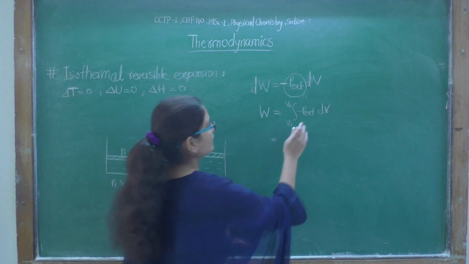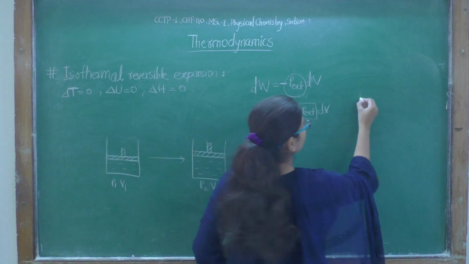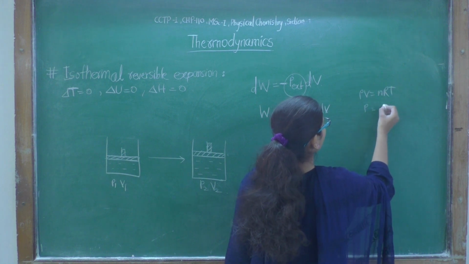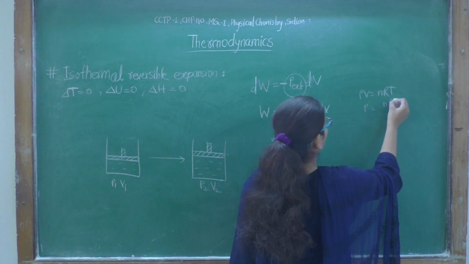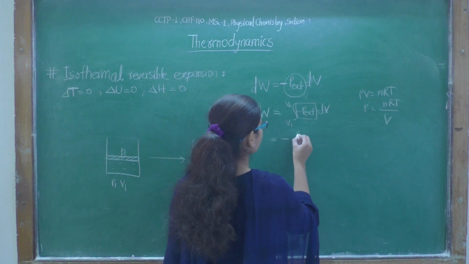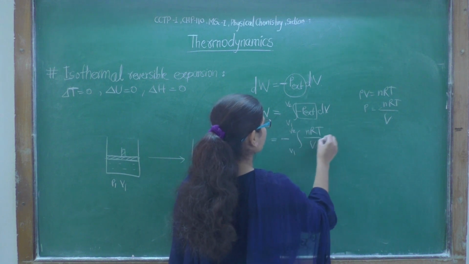Now what will be the value of pressure? We know PV is equal to nRT. Therefore pressure will be equal to nRT upon V. It will be minus, outside, integral from V1 to V2 of nRT by V dV.